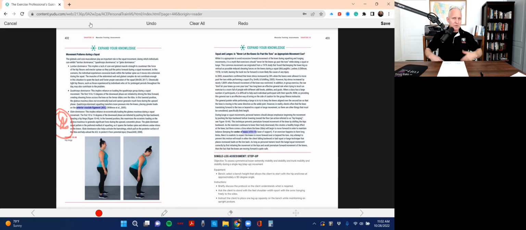Remember, it's hip flexion. That's what the hip hinge is. It's hip flexion. See where I'm pointing is the hip, not the spine.